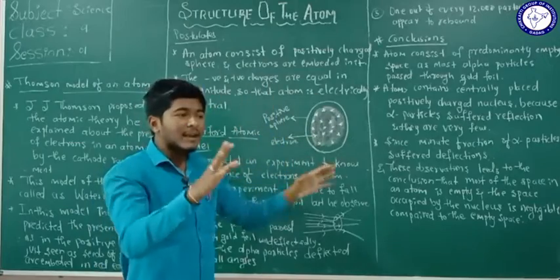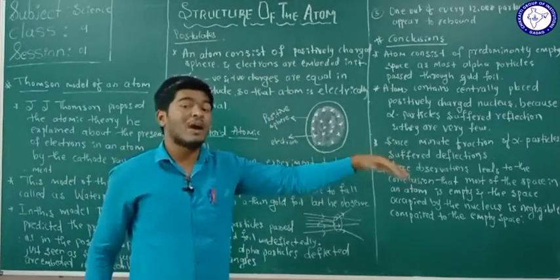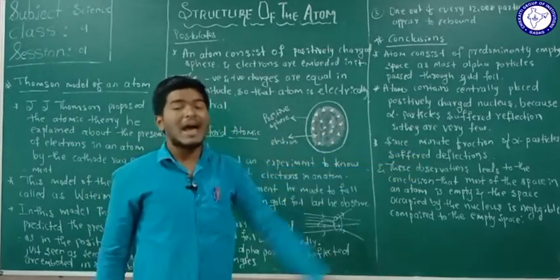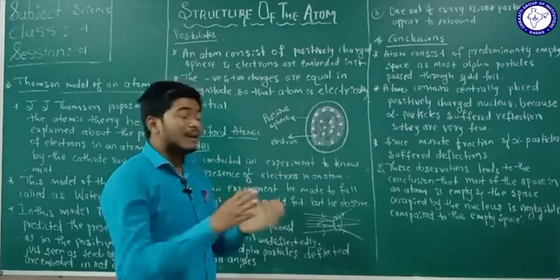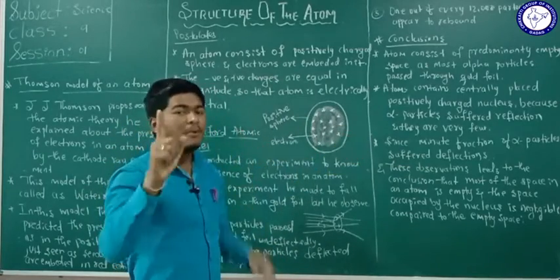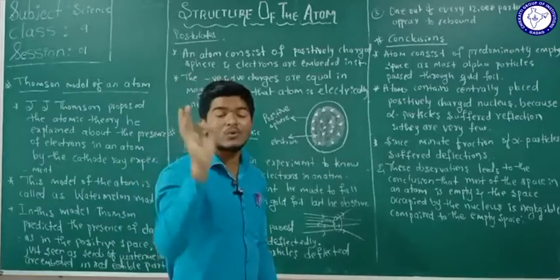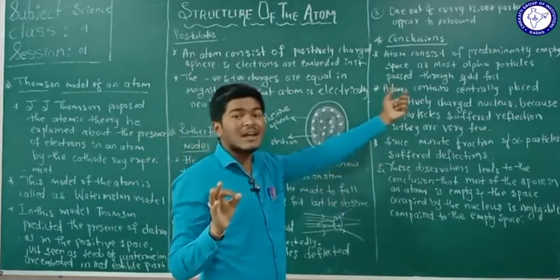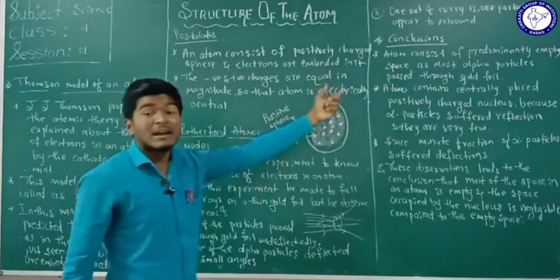Many alpha particles pass through the gold foil without deflection, only a few show deflection, but only 1 out of 12,000 alpha particles rebounds.